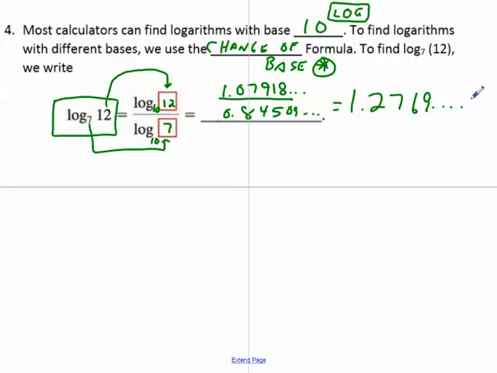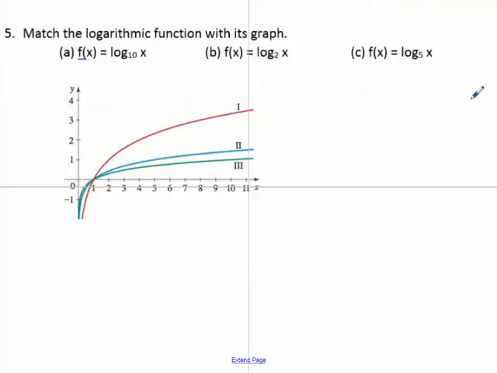We're allowed to change the base to something that's a log base 10, and that allows us to use the calculator button that's log base 10. Makes it easier to work with.